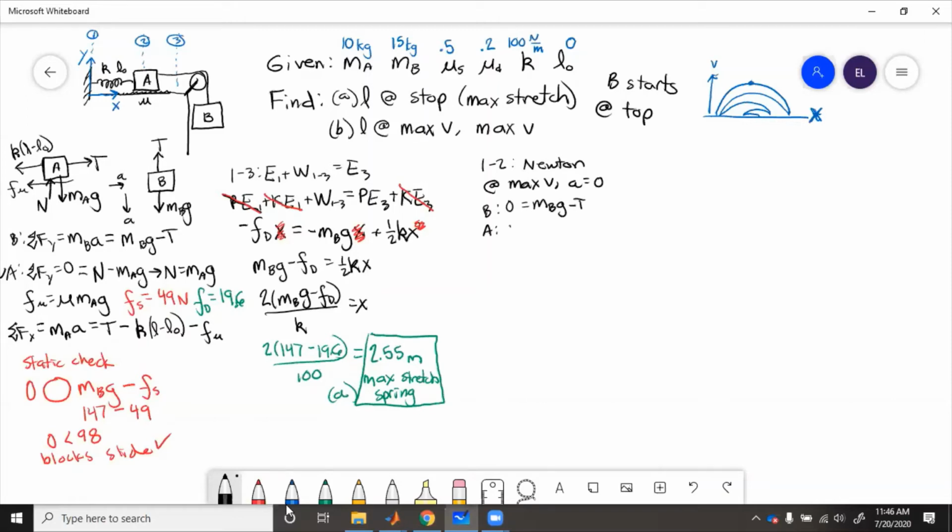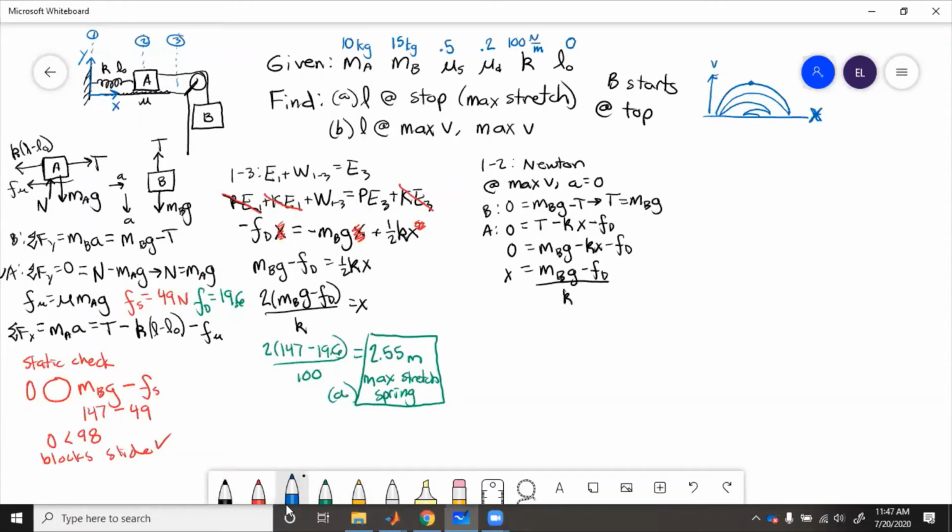And then for A, 0 equals t minus k x minus friction. So here, we can solve t equals mb g, and then we get 0 equals mbg minus kx minus ft. So we rearrange: x equals (mbg minus ft) over k.